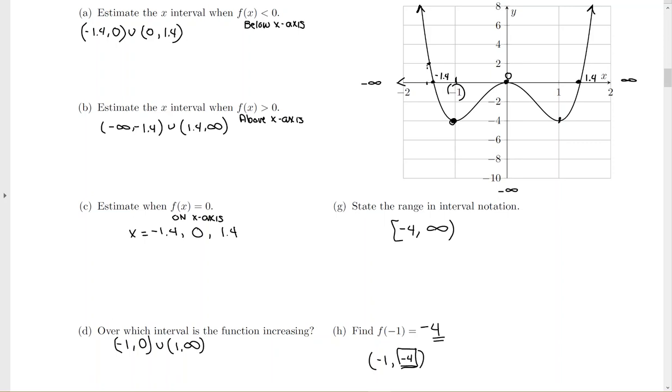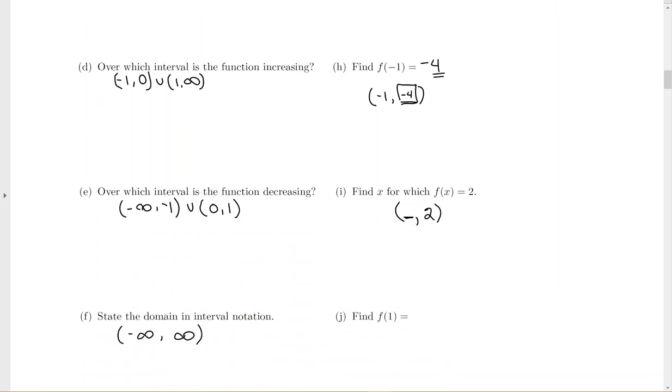That's probably about negative 1.5. And when y is 2, we can come over on this side and go down, and that's probably going to be about 1.5. So we've got x equals negative 1.5 comma 2, and x equals positive 1.5 comma 2.